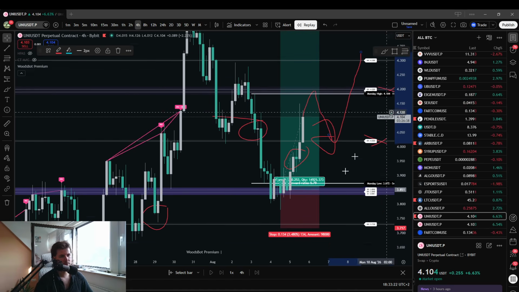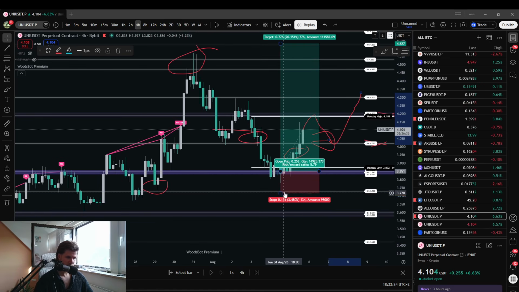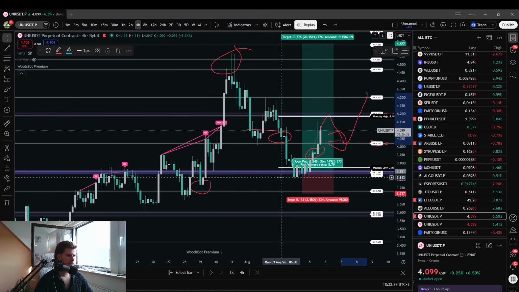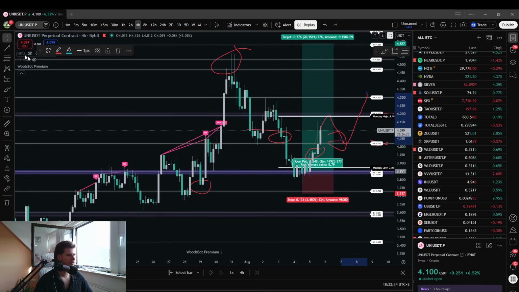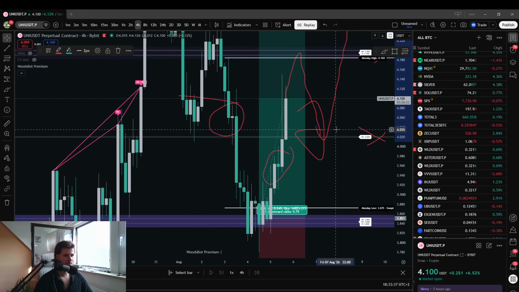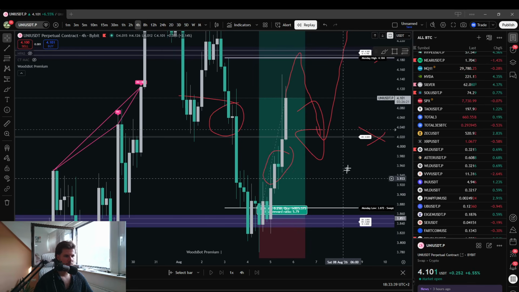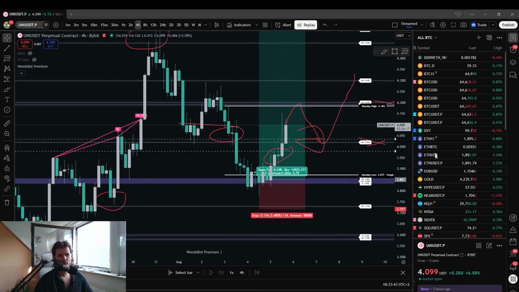This is a continuation setup for me. The fact that Uni managed to hold this level is pretty bullish. I'm gonna be setting myself alerts for this one as well, this level for the demand zone. Uni is interesting.